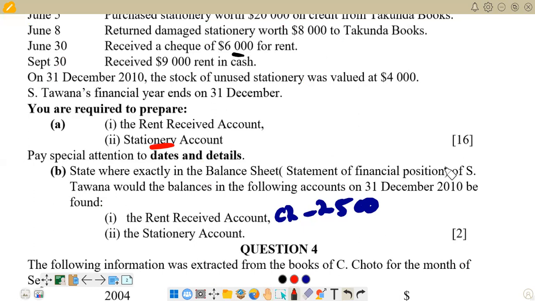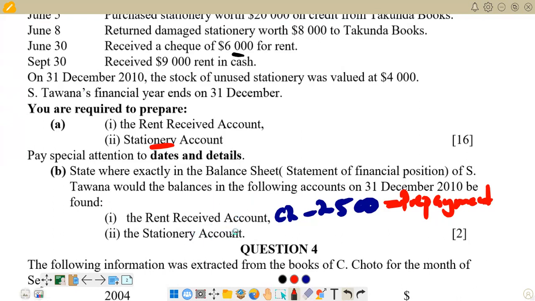So this is a prepayment of rent received, and obviously a prepayment of income we show as a current liability. So we show it under current liabilities. But a prepayment of an expense now is a current asset.